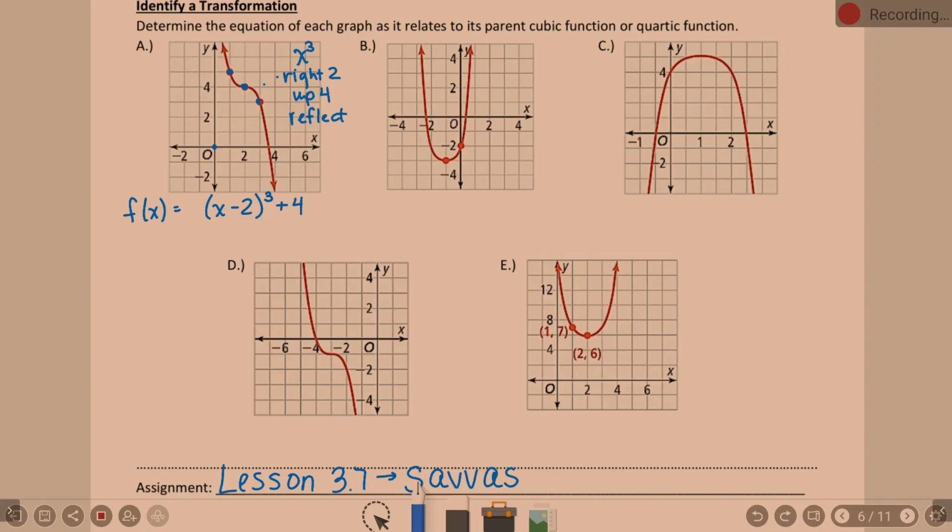And then, what's the piece we haven't gotten to yet? It reflected. How do we show a reflection? We're going to put a negative. Okay? So right there is the equation I'm looking for. Negative of x minus 2 cubed plus 4. Okay? Questions on that? Use the green papers to be helpful, right?